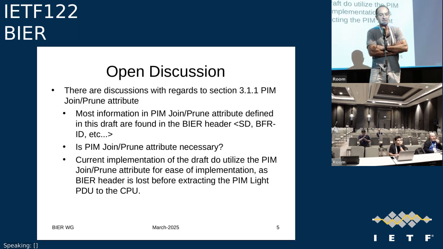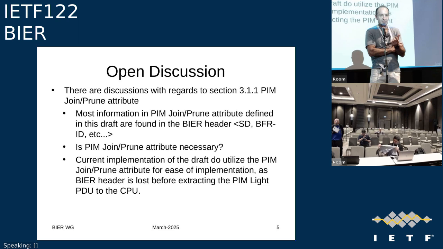And then when you send it up, where do you put that proprietary header? Imagine you need to put the SD and BFR ID from the data path into a bunch of bytes in front of the PIM PDU. Do you put it in front? It becomes very implementation specific, because you're extracting information and your implementation has to put it in the front, in the middle, or somewhere.